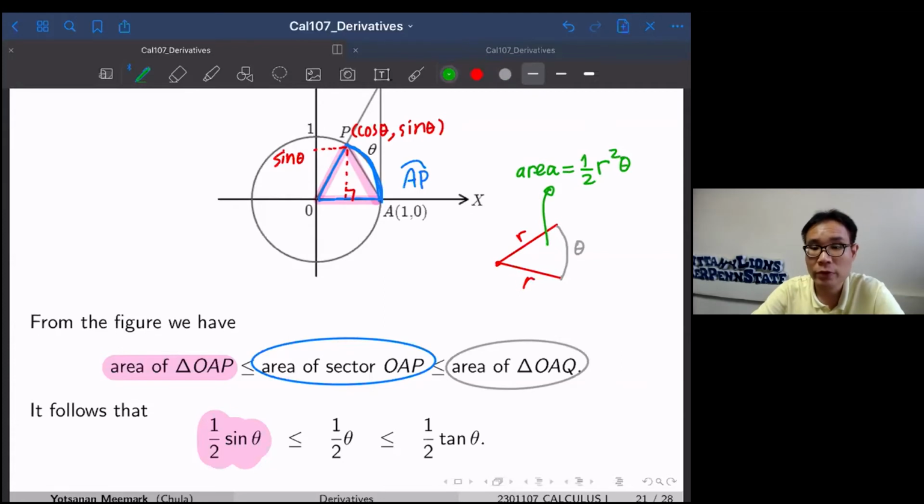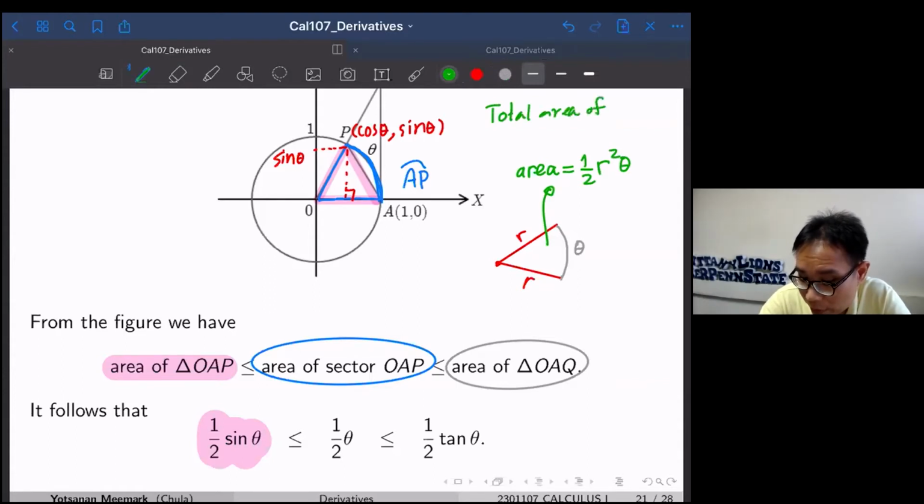Okay, so this is something you may have learned in high school, or if not, you'll be able to just use the area of the circle. And this one is going to be measuring the arc here.